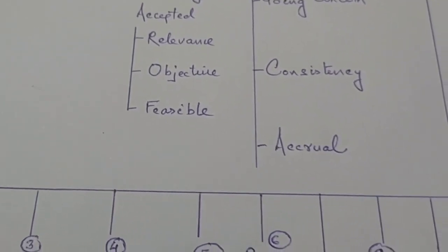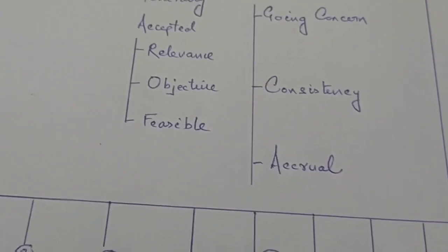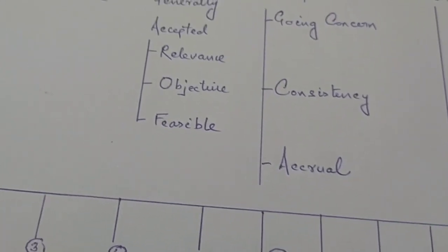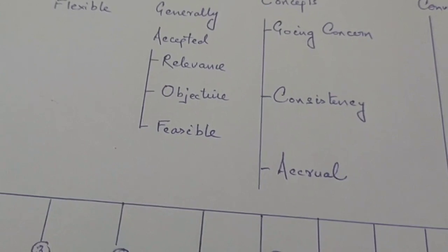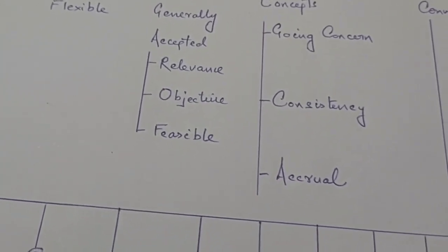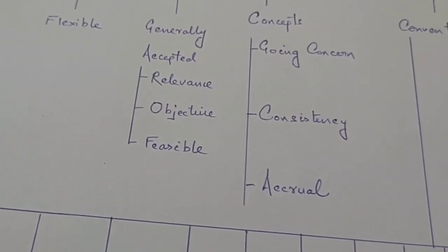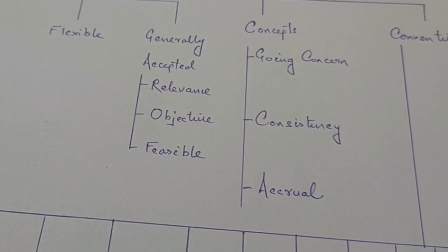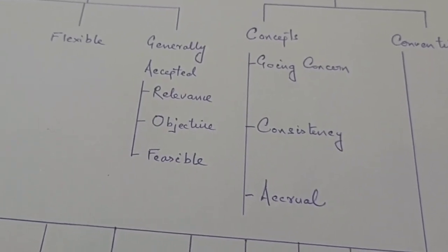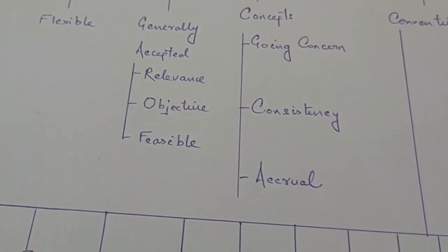The next concept is the accrual concept. Accrual concept means that any transaction or event, where expenses are incurred or revenues are going to be received, should be recorded in the business. What does it mean?